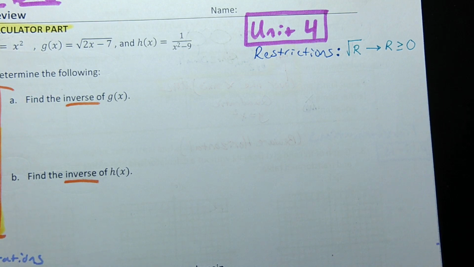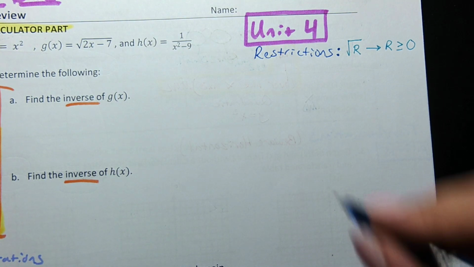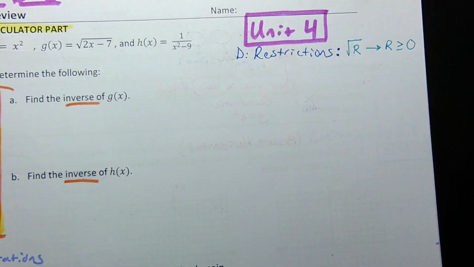Why? If we're talking about domain restrictions, why does our radicand have to be greater than or equal to 0? What don't we want in our domain? Negatives under the square root, which cause imaginary stuff, which is not graphable. So there's our first type of restriction, square roots.